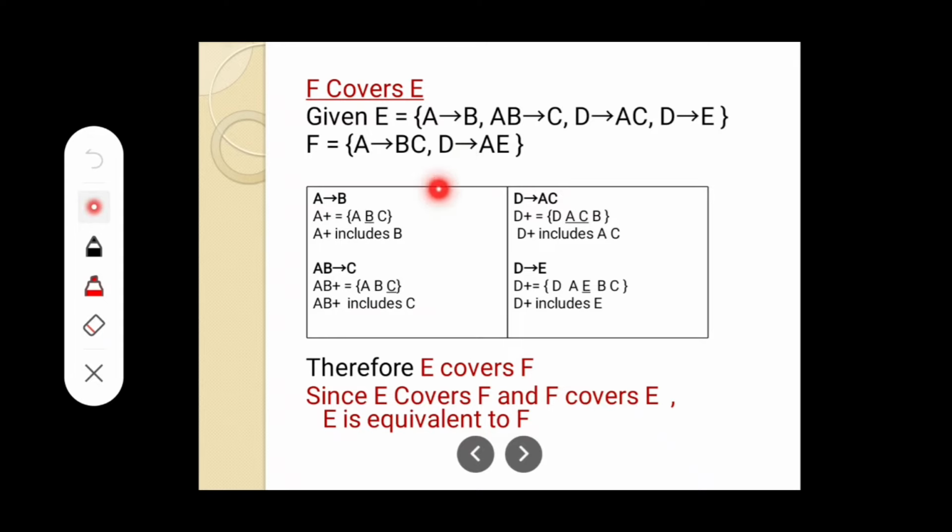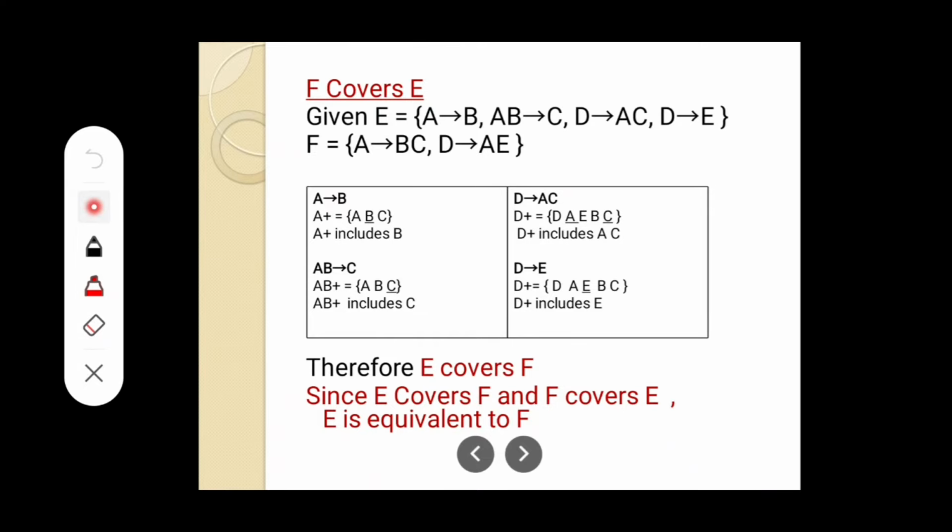No. So ABC is the answer. Does ABC contain the RHS of AB determines C? Yes, C is here. So AB closure includes C, and these two are satisfied.